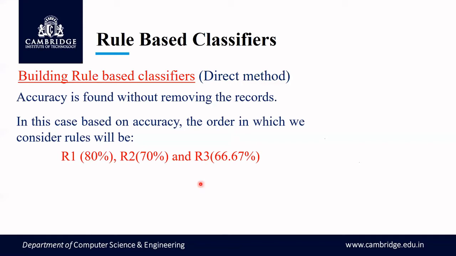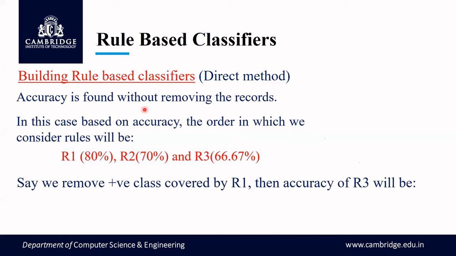Okay, now since we have an intersection with respect to R1 and R3, in the first case, I will remove the positive class covered by R1. So whatever positive classes are covered by R1, consider that I have removed all those positive classes.